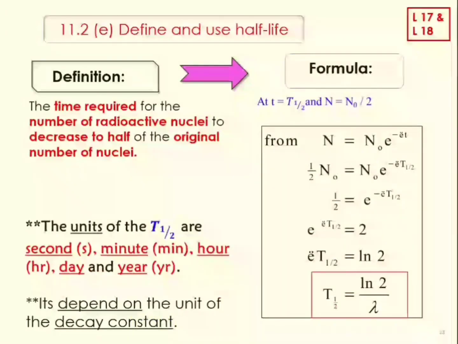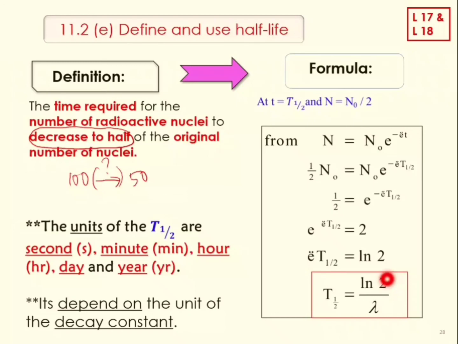Next, we define and use half-life. Here is the definition of half-life: the time required for the number of radioactive nuclei to decrease to half. Let's say initially it is 100. How long does it take to decrease by half? Half of 100 is 50. How long does it take? That is what we call the half-life.